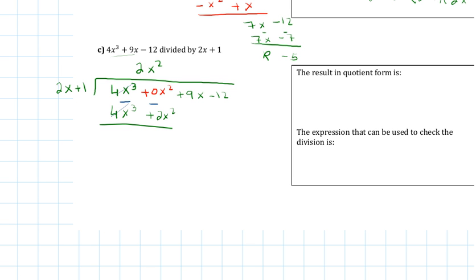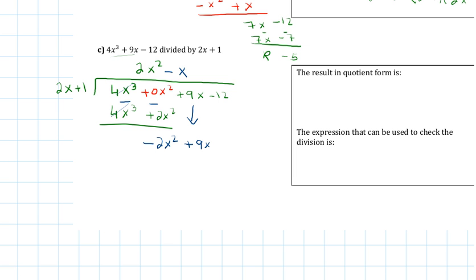Now let's subtract. So you see 4x cubed minus 4x cubed, they cancel. And now I have something to subtract because I can only subtract like terms. So you have 0x squared minus 2x squared, which gives you negative 2x squared. Bring down a 9x.